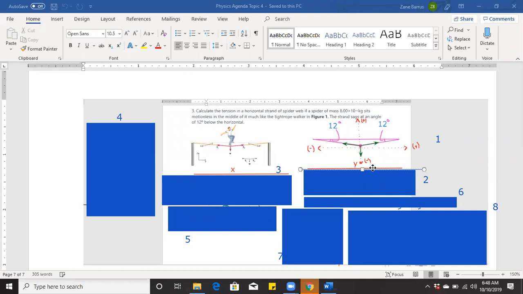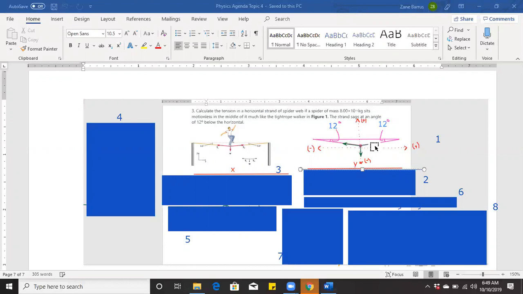I've drawn a free body diagram, except I've substituted the angles with 12 degrees, like the problem said. I also made a point to draw some axes, because I know that some of you struggle with direction and how to represent that on a free body diagram. Here's my x-axis, here's my y-axis. I drew them in dotted lines so that you wouldn't get confused with the vectors drawn over them.